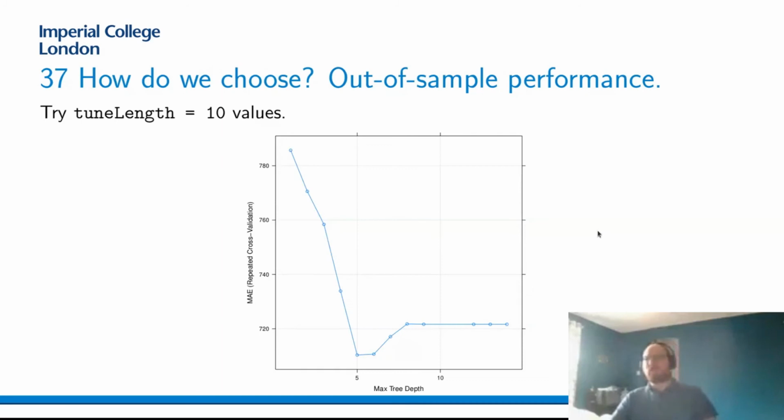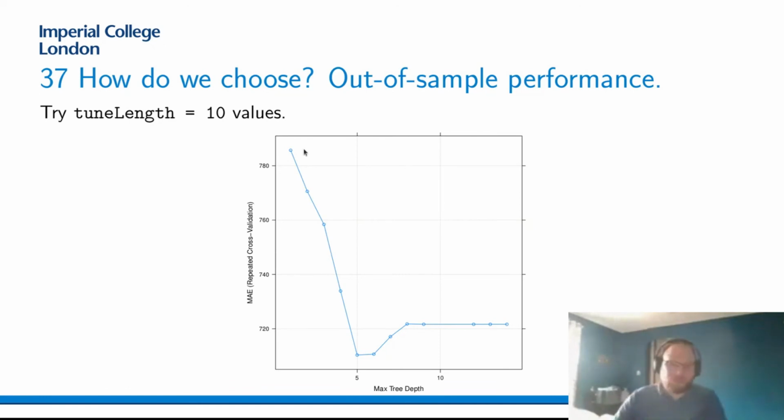We've got these different values of max depth, and we don't know beforehand which ones will be good. So what we do is we try a number of values. In this case, the tune length argument is saying take 3 or 10 values of the tuning parameter, fit models for all of those values, and then compare them to the holdout data and see which one performs best.